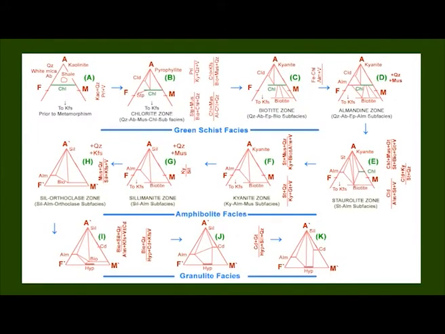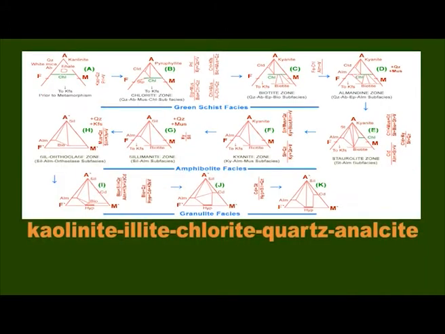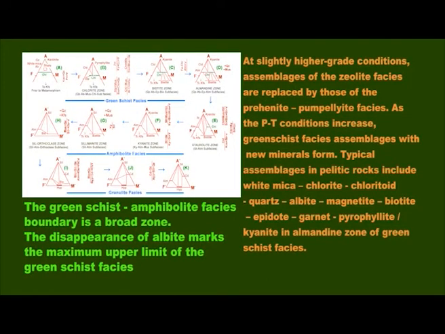The lowest grade is the zeolite facies, which forms under conditions just above those of the diagenesis assemblages and is characterized by clay mineral assemblages, which may include kaolinite, illite, chlorite, quartz, analcite, etc. At slightly higher grade conditions, assemblages of the zeolite facies are replaced by those of the prehnite, pumpellyite facies.